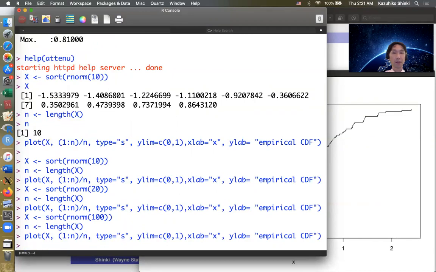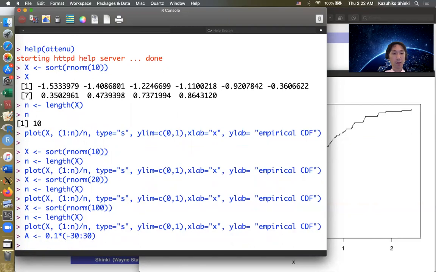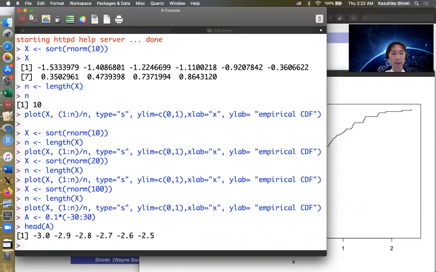Maybe we think about a from negative 3 to 3, so negative 30 to 30 times 0.1. So A is this sequence from negative 3 to positive 3.